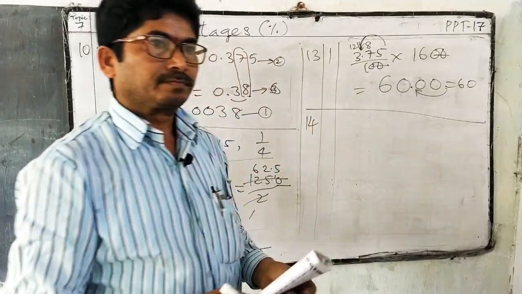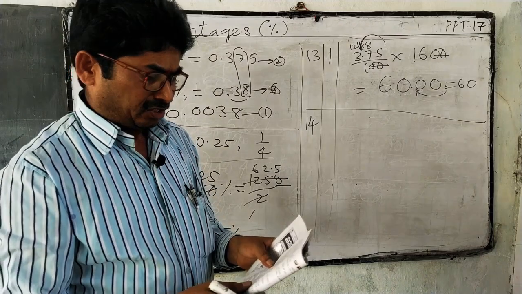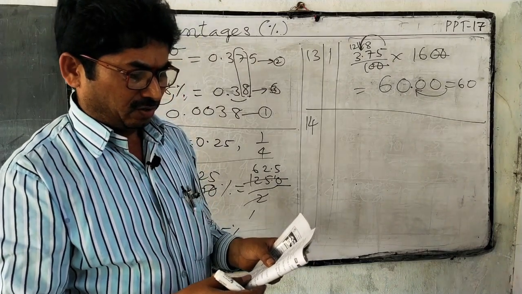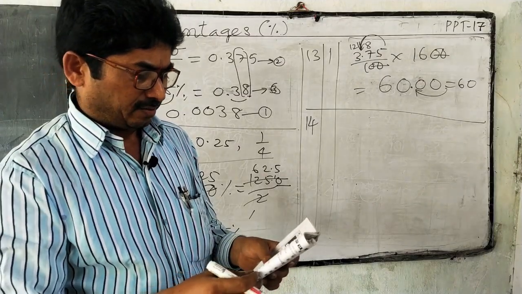14. Next, if A's share is 25% more than B, then how much percent is B's share less than A?